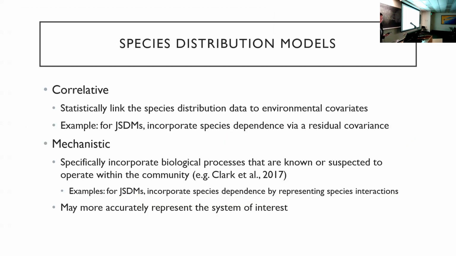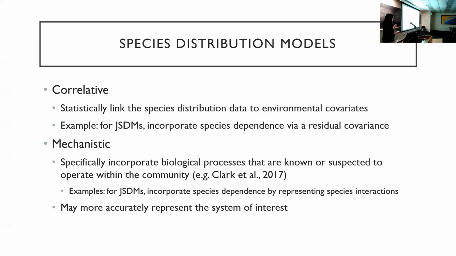We talk about species distribution models in the statistics world and ecology. Everyone's all about SDMs, JSDMs. I don't know if you've heard that term before. Species distribution models try to shed light on the abundance of species in relation to their environment.